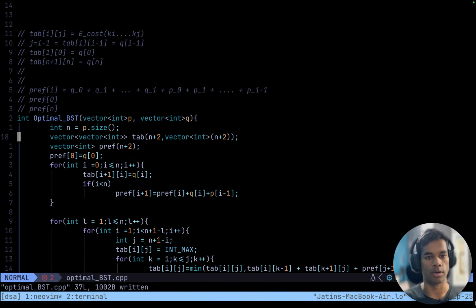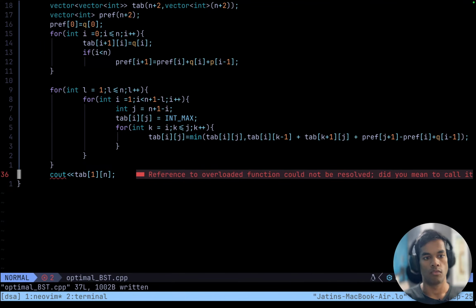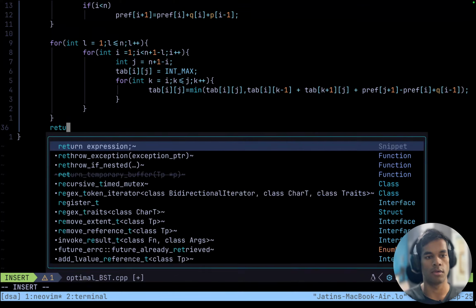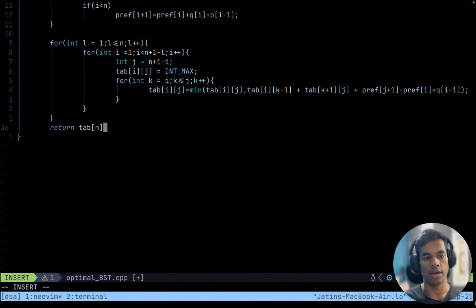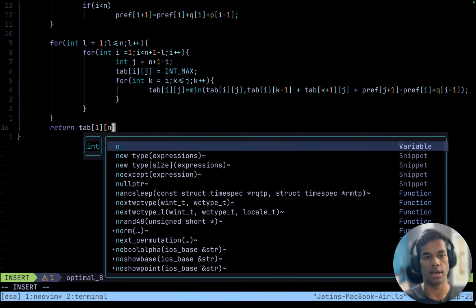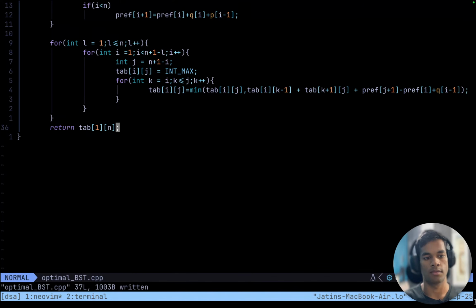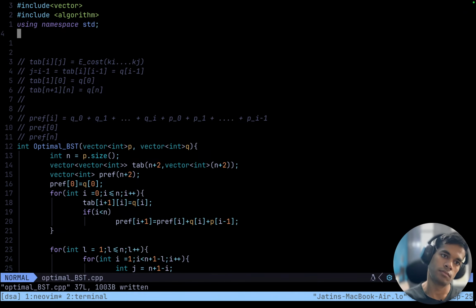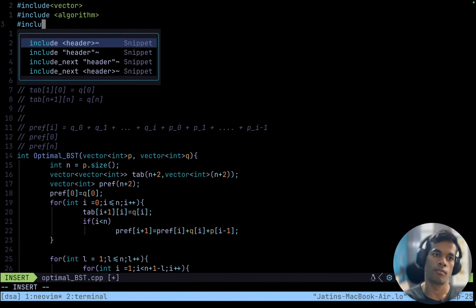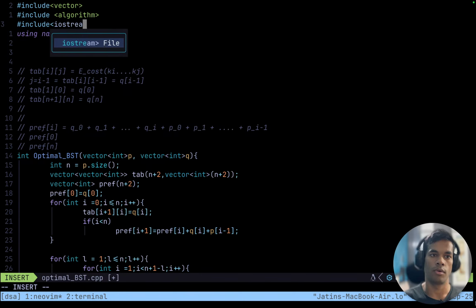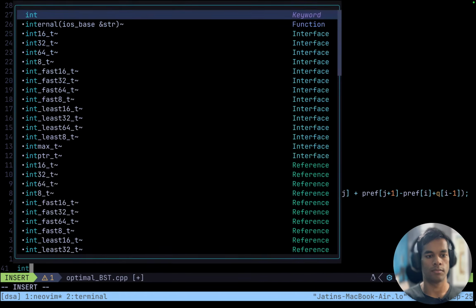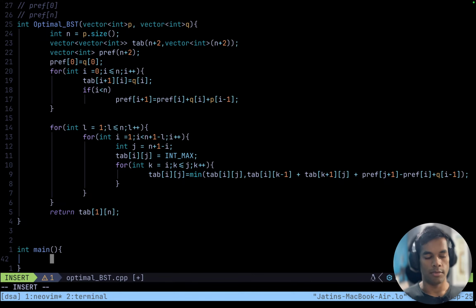Still have two errors, which are return tab N, tab 1, N, include iostream, int main, and we'll have our vectors.